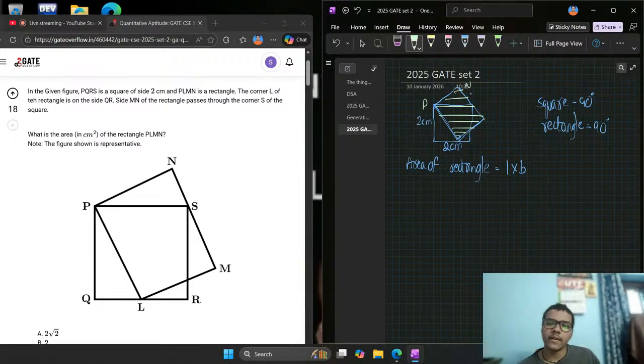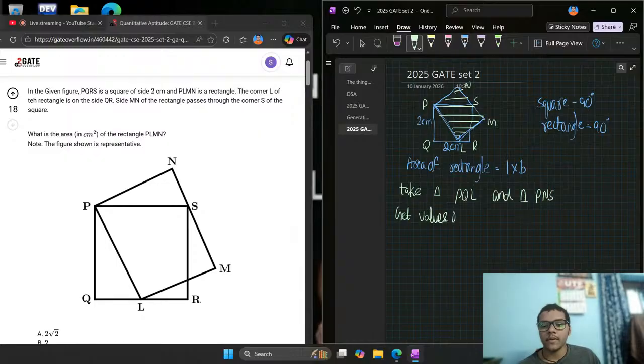P N S Q L R M. So take triangle PQL and triangle PNS. Get values of, what do you need? PL and PN.